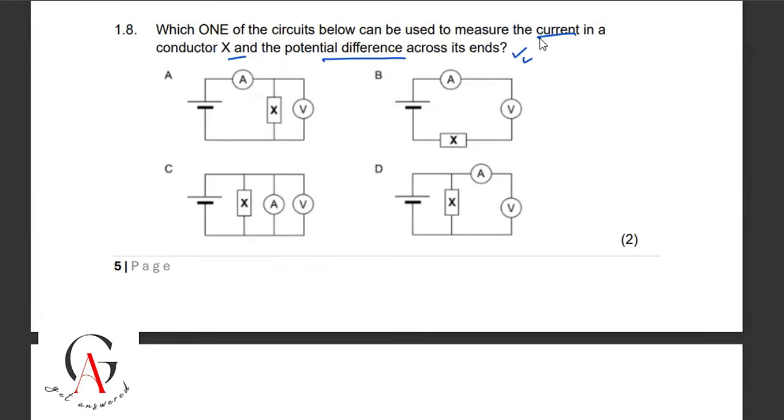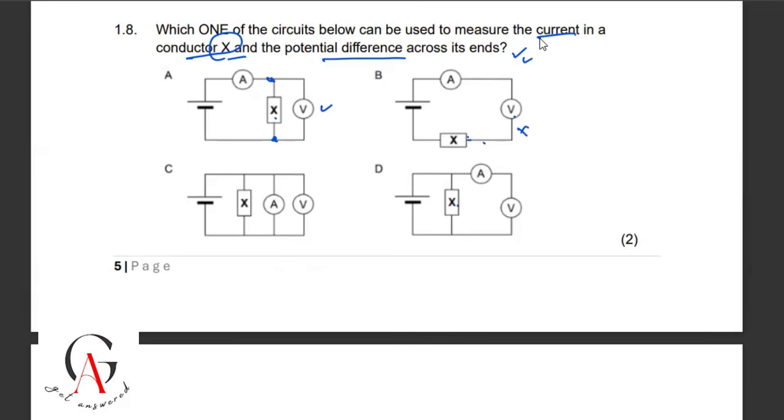Okay, so looking at this, we need to see how the voltmeter is connected across the X conductor. Okay, so if this is X, the voltmeter is connected across the terminals, which is fine. When you look at this, the voltmeter and the X are connected in series, which is wrong because it has to be connected in parallel.